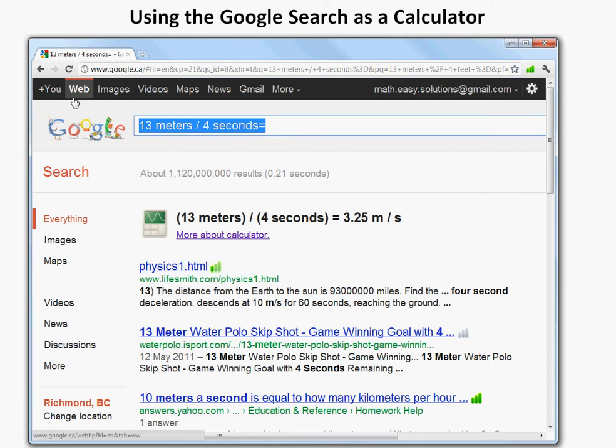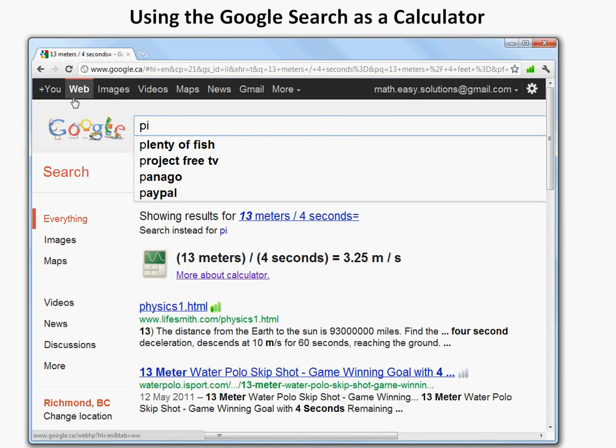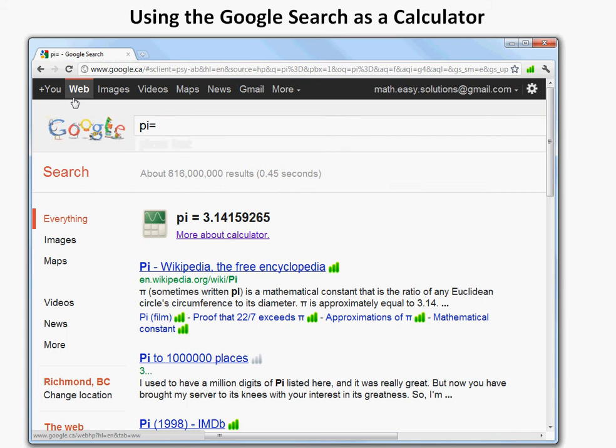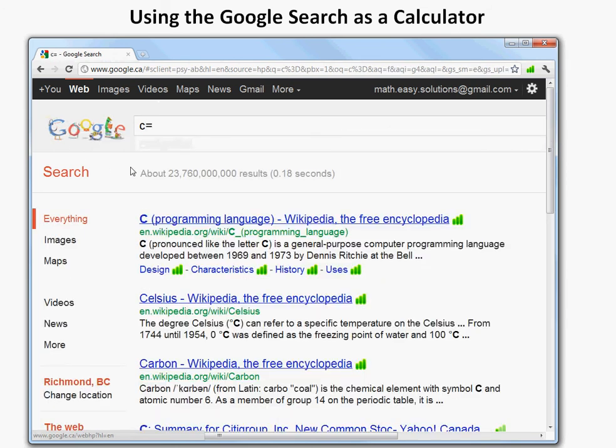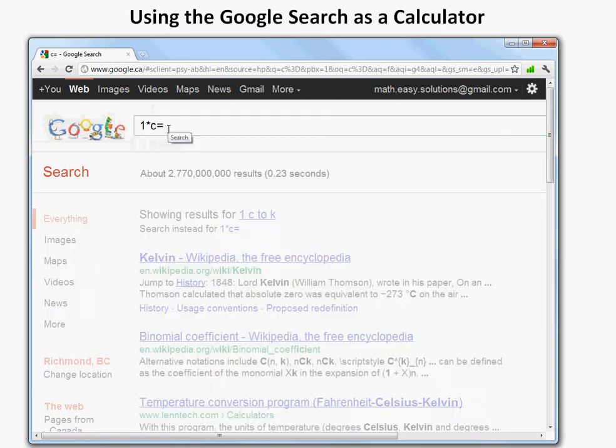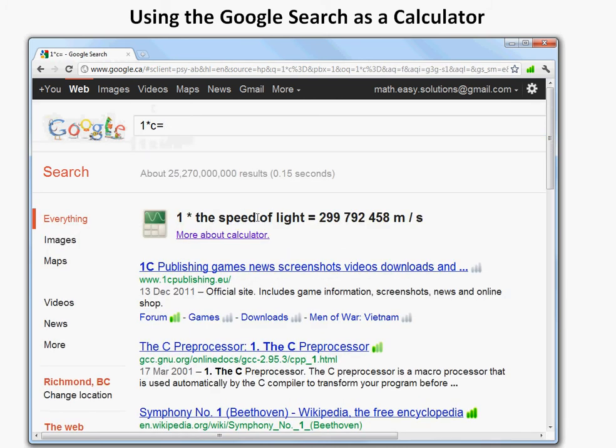It gets even smarter. Let's go pi. You know pi, it's that. And then you could also get c, the speed of light, is c. If you press equals, it doesn't show it for some reason there, but let's go 1 times c. I don't know why it didn't have c initially. So 1 times the speed of light equals 299.7245.